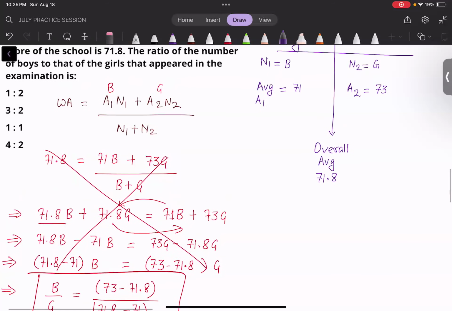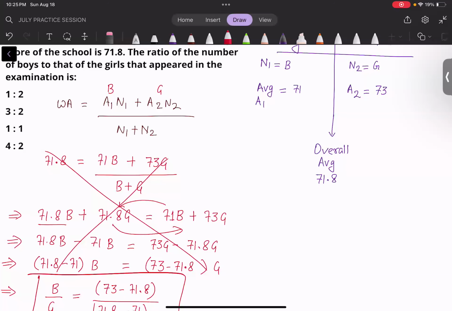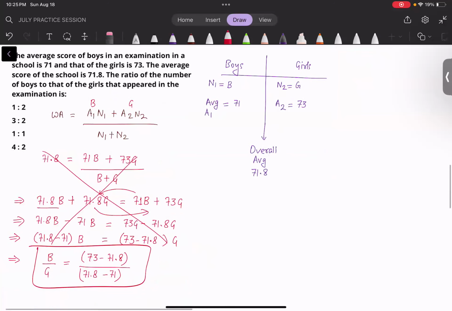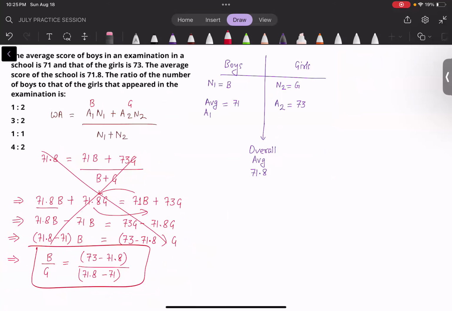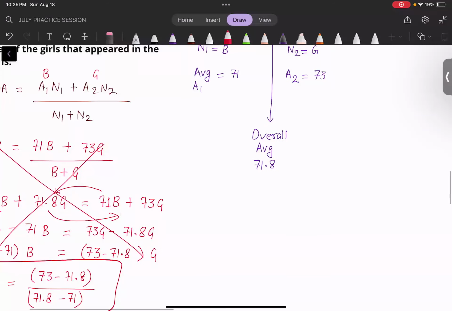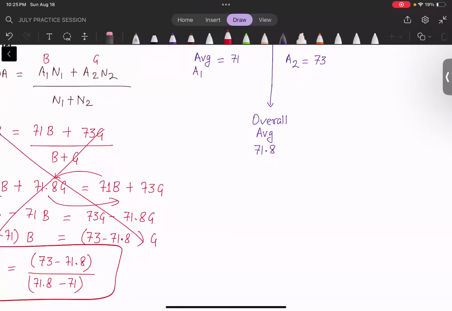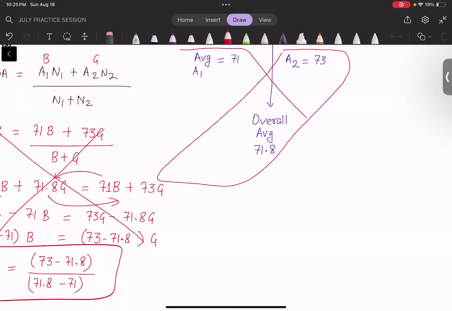Next, what you have to do is carefully observe. You have to write 73 minus 71.8. Only observe A1, A2 and overall average, nothing else. So I have to take these two values, and similarly, I have to take these two values. Make one arrow like this and write the difference.